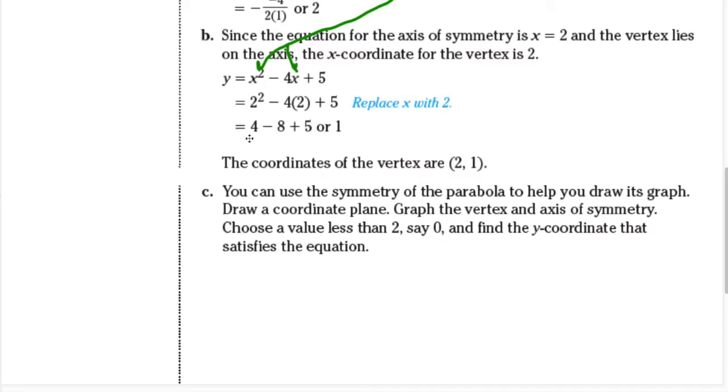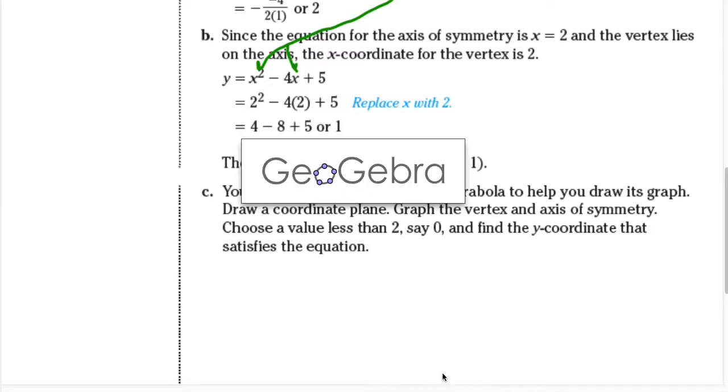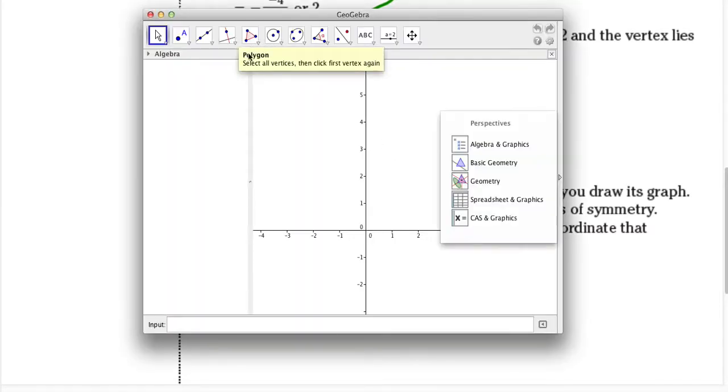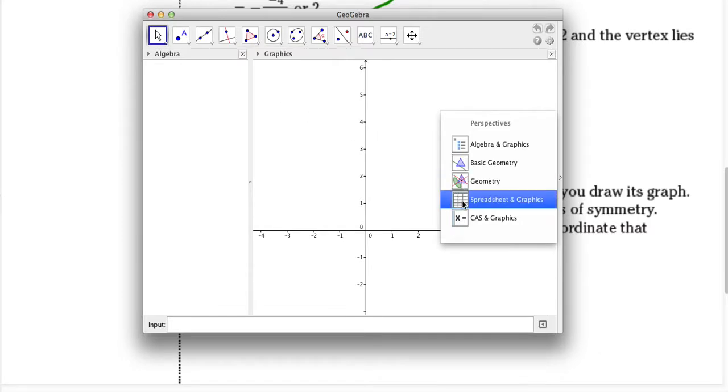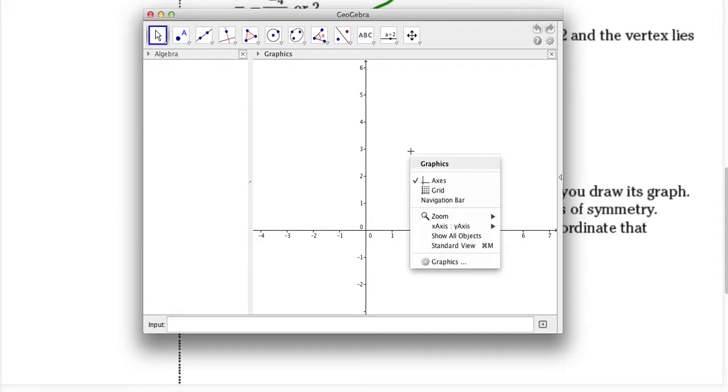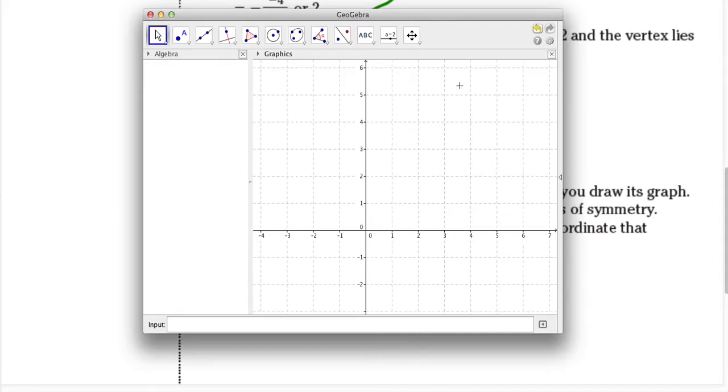If we do that, let me use GeoGebra for this, so you have a better idea of what we're talking about. First we need to graph our vertex, but we need to put the grid there first and make this bigger.